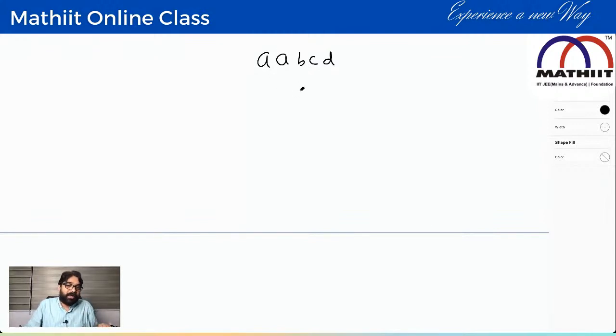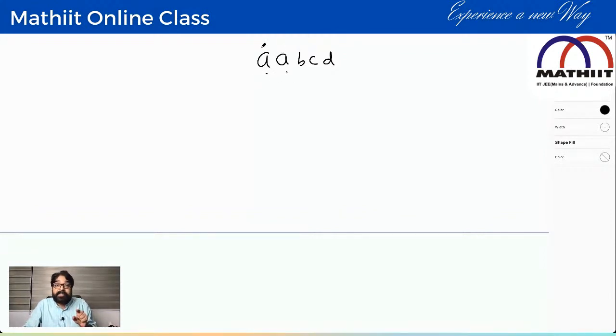Now I have to arrange this, but in this, two objects are identical. Here they are not mentioning whether interchange is allowed or not. That is your common sense. If you interchange A with A, is there any new way? No. So by default, since they are identical, A and A cannot interchange.